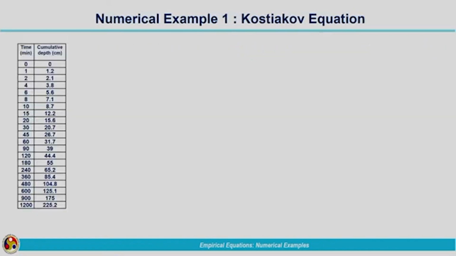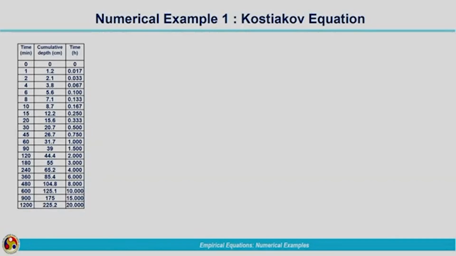So, first we are going to find out the infiltration rate, and for that we need to do some calculations. Cumulative depth is there, from that we have to find out the incremental depth. For each and every incremental time, how much water is infiltrated into the ground, that we need to determine.